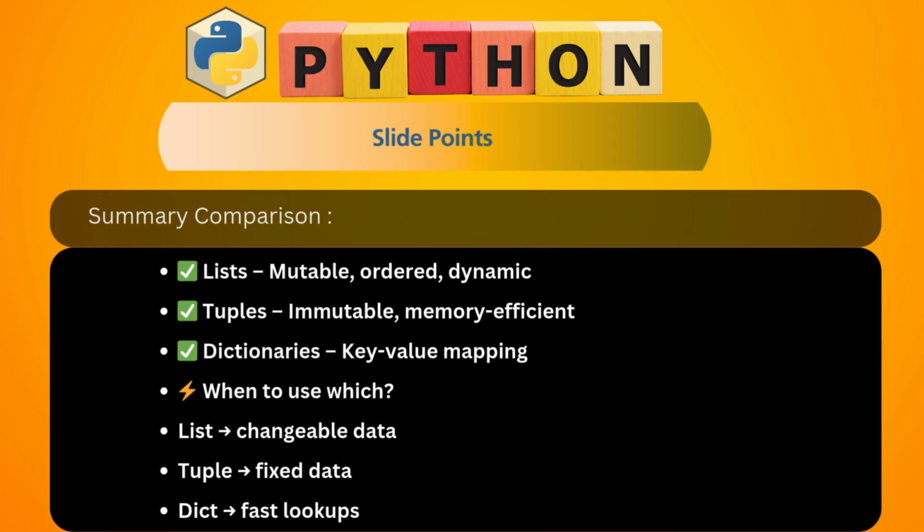Let's compare lists, tuples and dictionaries. Lists can grow, shrink and change. Perfect for flexible collections. Tuples can't be modified. They are faster and useful for fixed data. Dictionaries give quick lookups using keys, great for structured data. When to use which? List for changeable ordered data, you can use it.